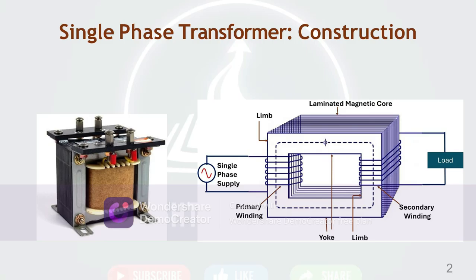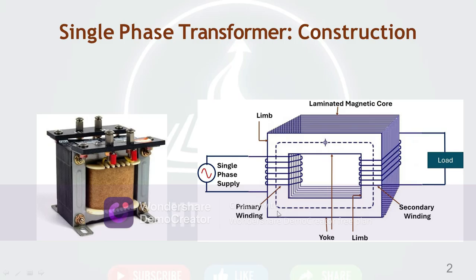As shown in this figure, there is a laminated magnetic core, made of silicon material. The vertical part of the core is called the limb. There are two windings.